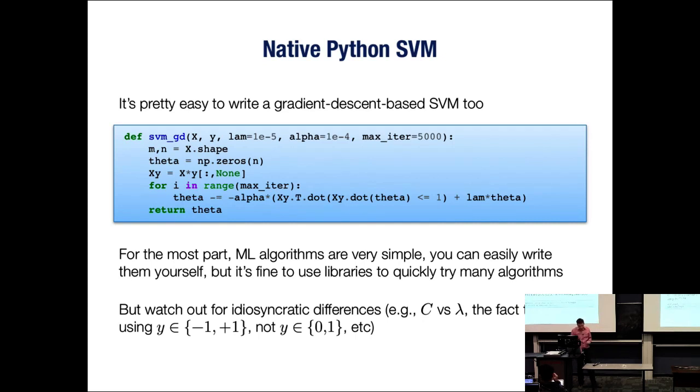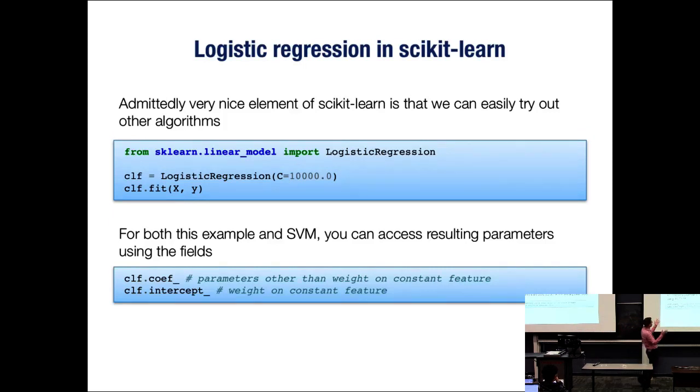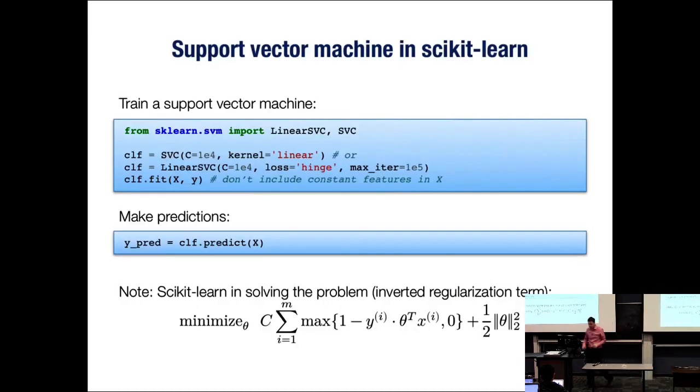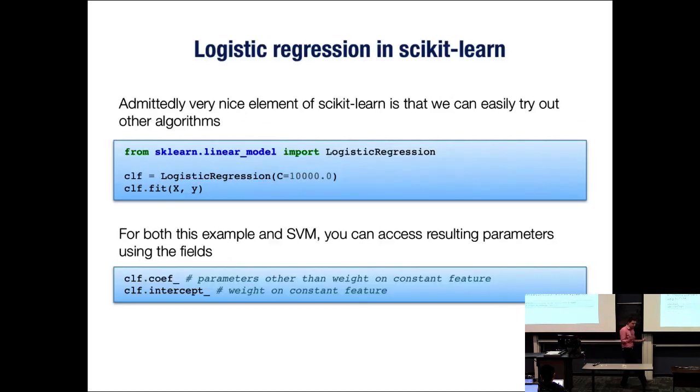All right, and finally, now getting to the nice elements of scikit-learn, you can try other algorithms, logistic regression being one of them, by just running the exact same function, clf.fit. That's the same thing we did for fitting a support vector machine, but now instantiating clf to be a logistic regression classifier instead of a support vector machine classifier. So this is where it does become pretty nice, right?